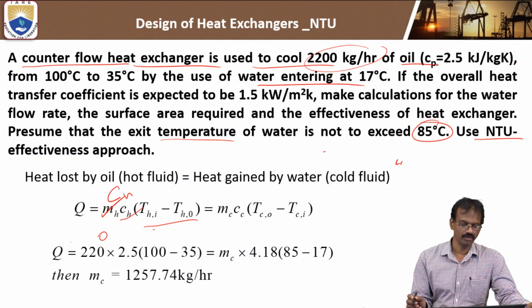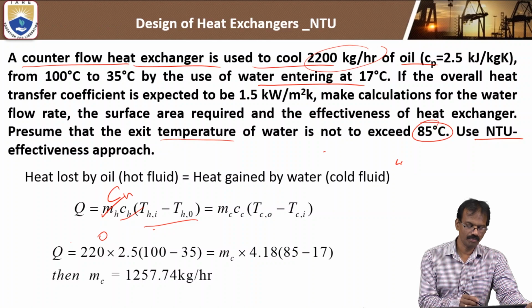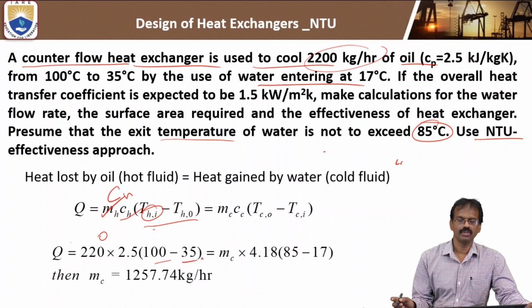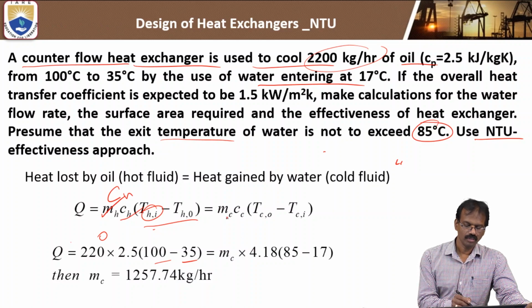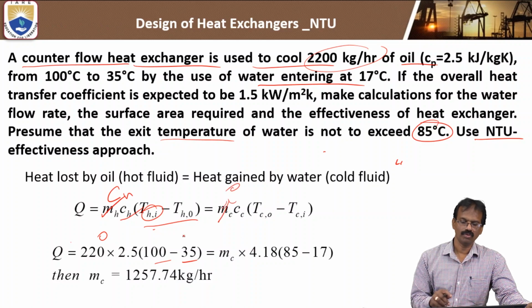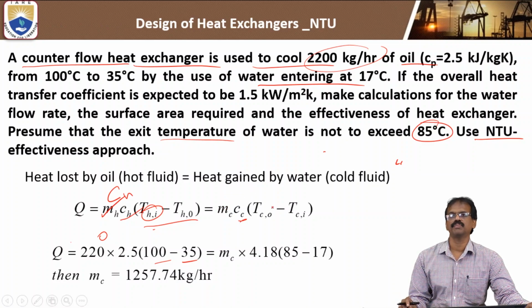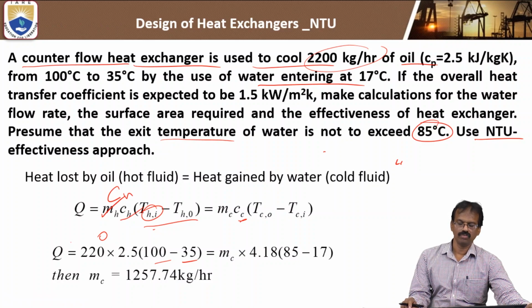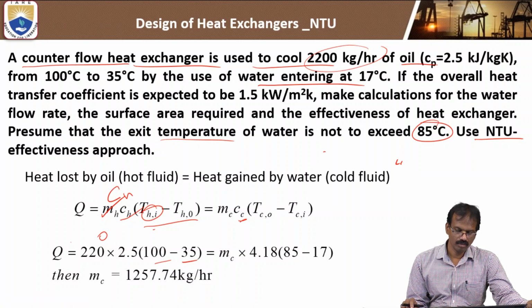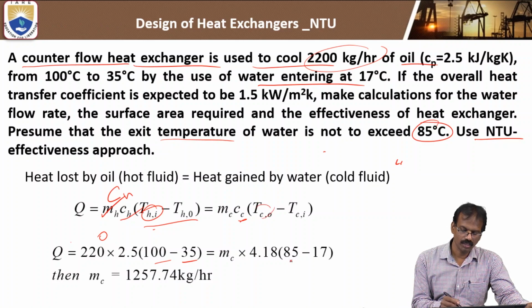Then the specific heat of the oil, the hot fluid specific heat, was given as 2.5 into 10 cube joule per kg Kelvin. Next the temperatures: hot fluid inlet 100, hot fluid outlet 35. This is equal to the mass flow rate of the cold fluid, MC, which we have to find out, into CC, the specific heat of water, that is 4180 joule per kg Kelvin, into cold fluid outlet 85 degrees minus cold fluid inlet 17 degrees.